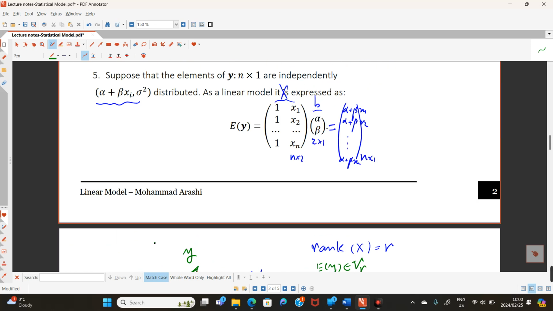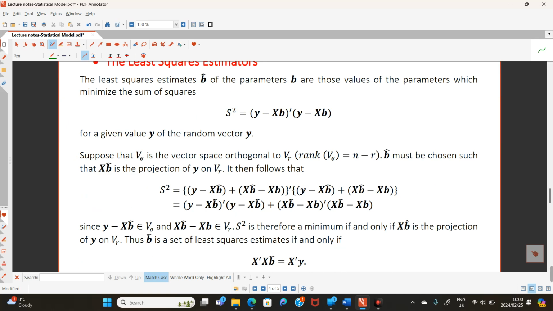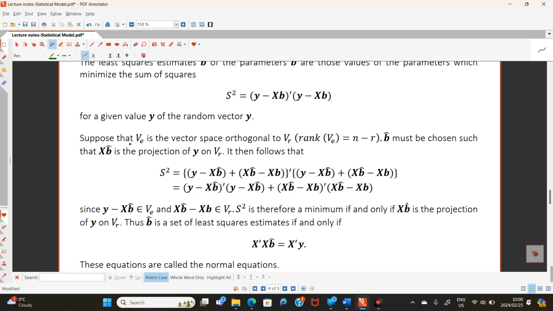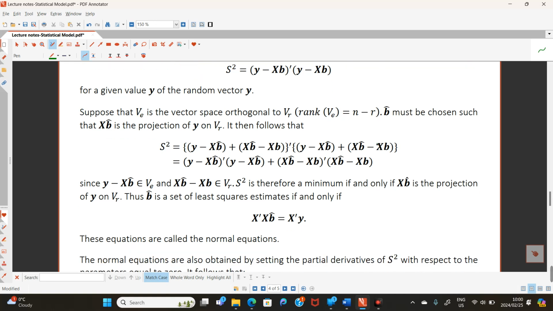And this is what we've written here in what follows. So you will see the sum of squares is given by this formula. And suppose that VE is the vector space orthogonal to VR. Here, in the note, I use small e instead of capital E. When I wrote, I used capital E. We know now why the rank is equal to n minus r.